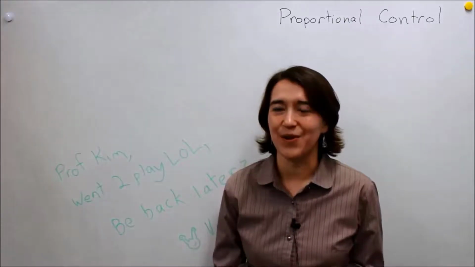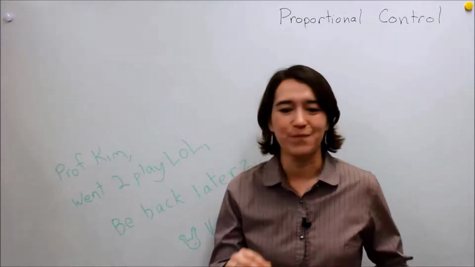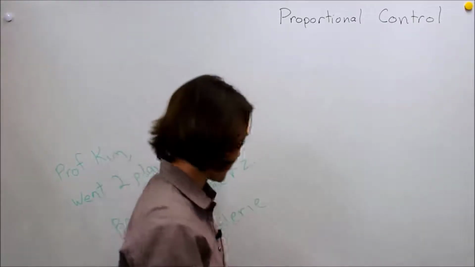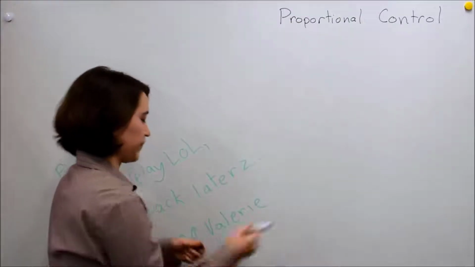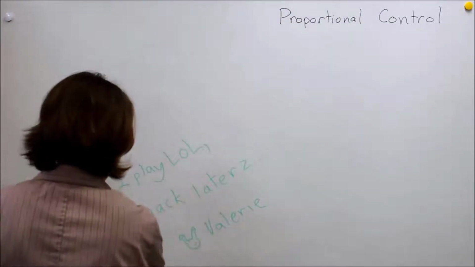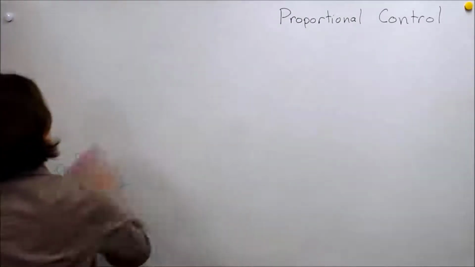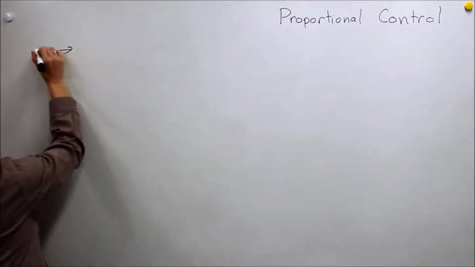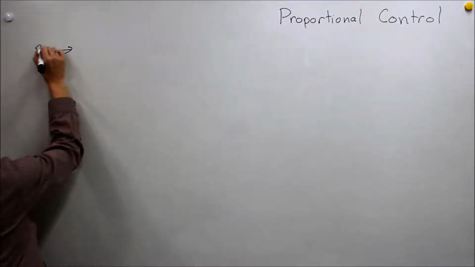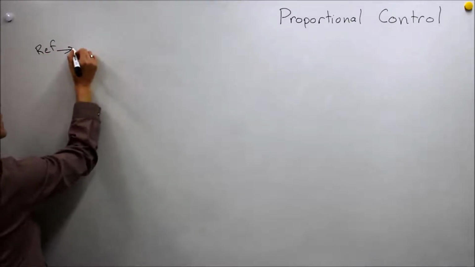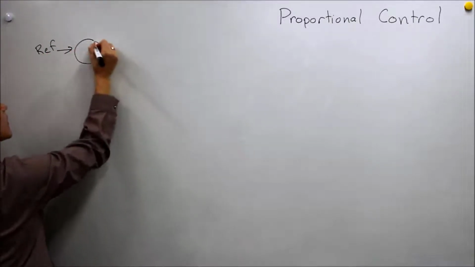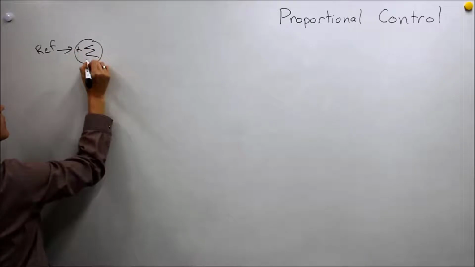So today we're going to talk about proportional control, and this is, if you remember our basic drawing from before, we have the reference point here, and then we have our summation, positive, negative.